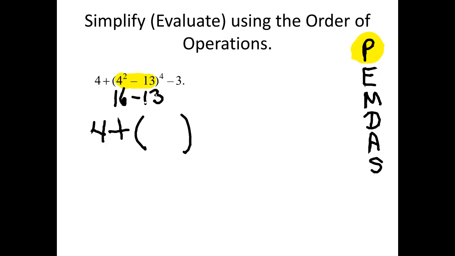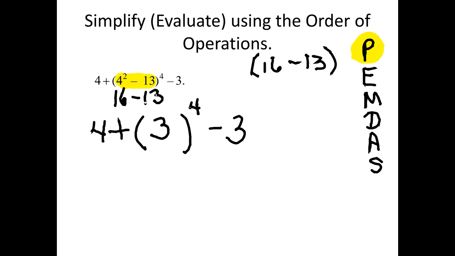This little 4 on the outside, minus 3. This parentheses was 16 minus 13. And because I had this lovely little number up here, I had to put these together first.